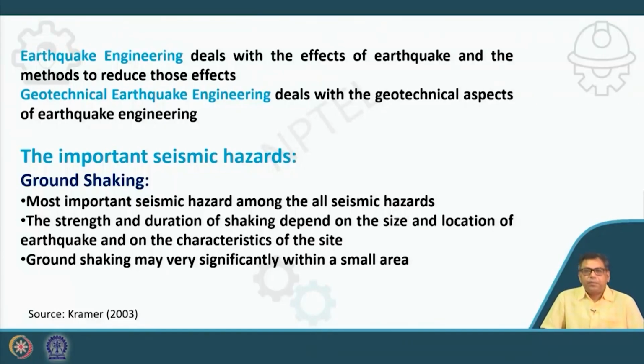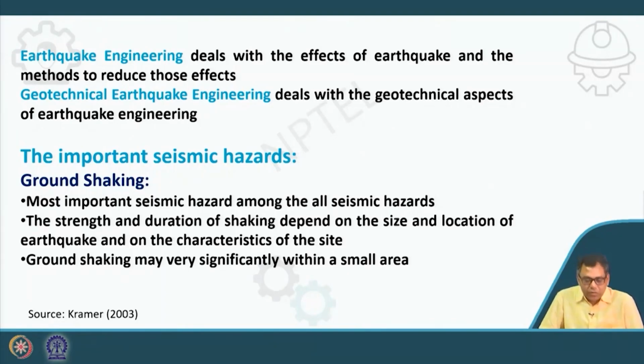Before we start the original content of this course, we should know the different important seismic hazards, as I mentioned there will be some effects of earthquakes. The first hazard is ground shaking, because as I mentioned in my definition, it is the shaking of the earth's surface due to release of accumulated energy. When the energy is released, there is shaking on the ground surface.